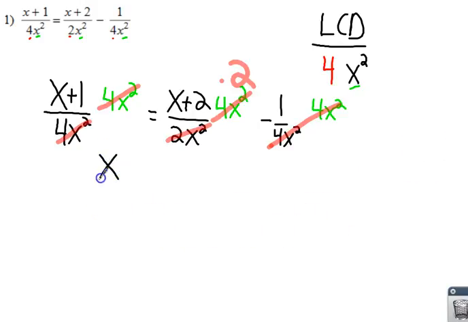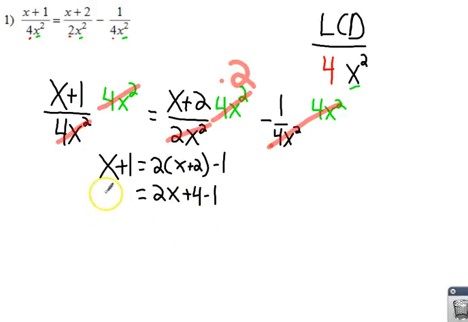Now, 2 times this. Then I just distribute the 2.